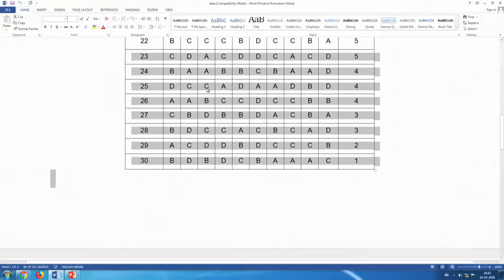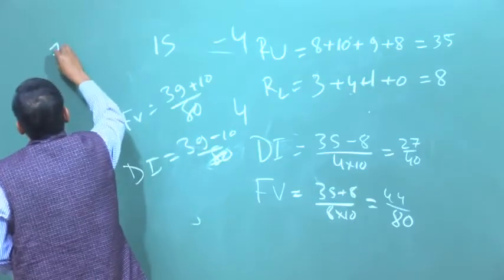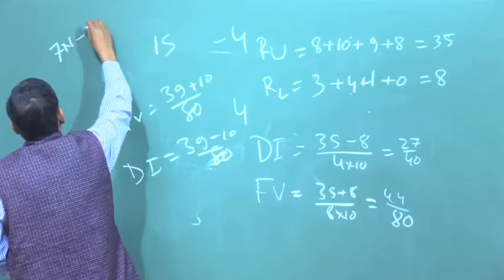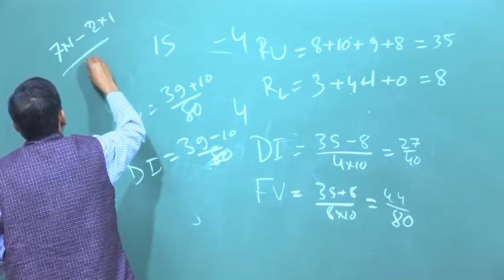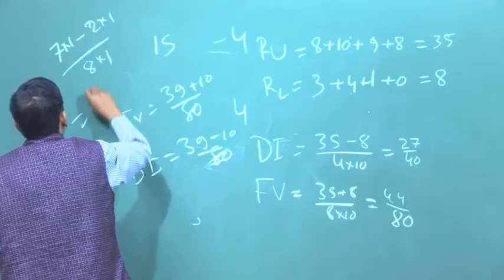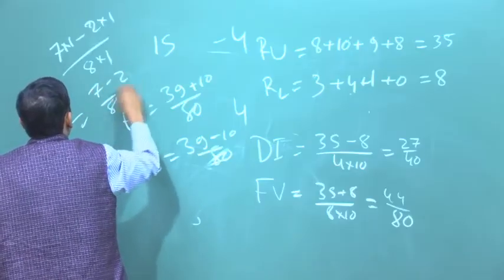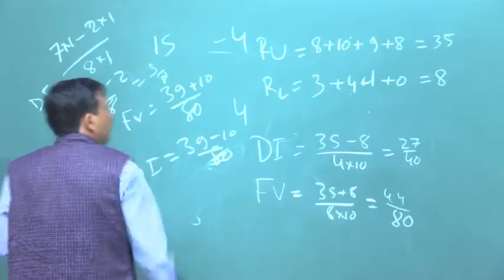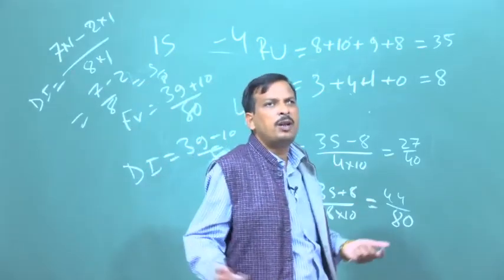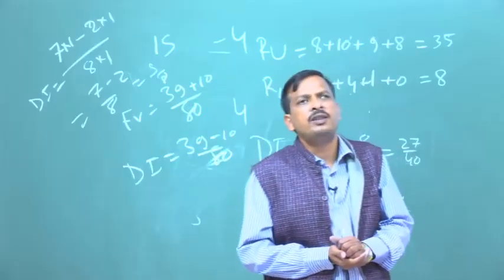So, the upper group 7 students into 1 mark minus lower group 2 students into 1 mark, divided by 8 into 1. So, 7 minus 2 divided by 8, 5 by 8 is the DI. Facilitation value is 7 plus 2 divided by 16.